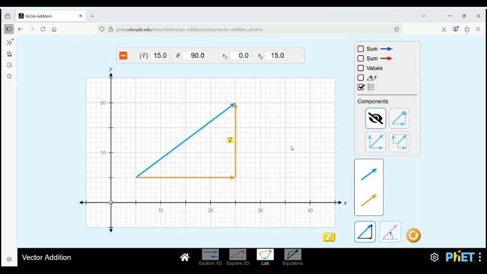This is really useful because when we look at this, the blue one is at a weird angle. It's not horizontal or vertical, it's at its own weird angle. So if we can take the blue one and instead express it as two vectors at really nice angles, one horizontal and one vertical, or if we're saying north, south, east, west, we might say the first orange one is going east and the second orange one is going north.